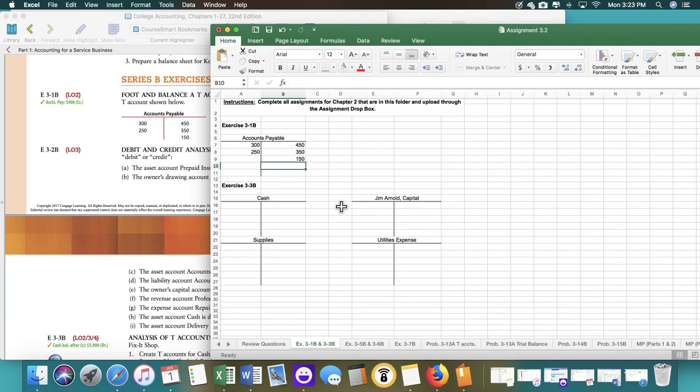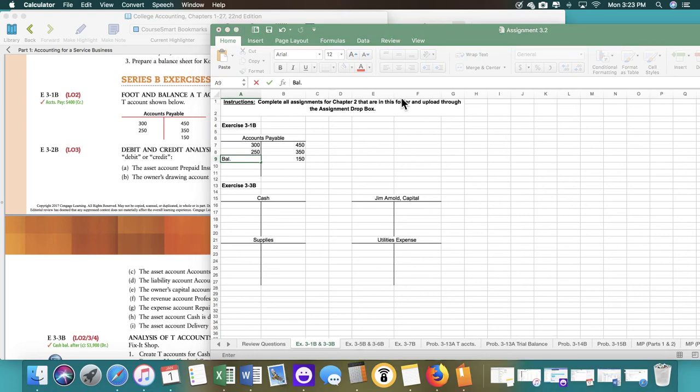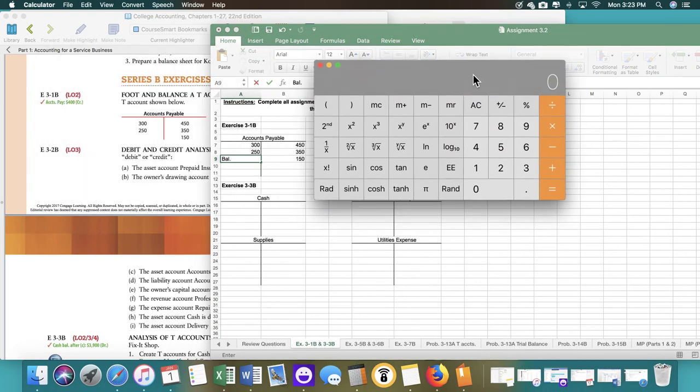What you need to do is foot and balance these accounts. And what that means is when you foot an account, you put a line below the last transaction, you put the word BAL, and then you put what the total amount is. In this case, we have 300 plus 250 gives 550.